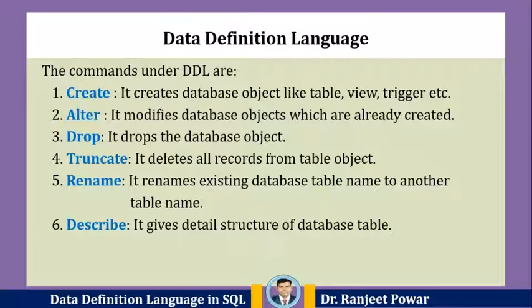Truncate deletes all records from a table object. Rename gives a new name to the existing database table. And describe gives the detailed structure of a database table. You will see it one by one with examples in the next part of the video.